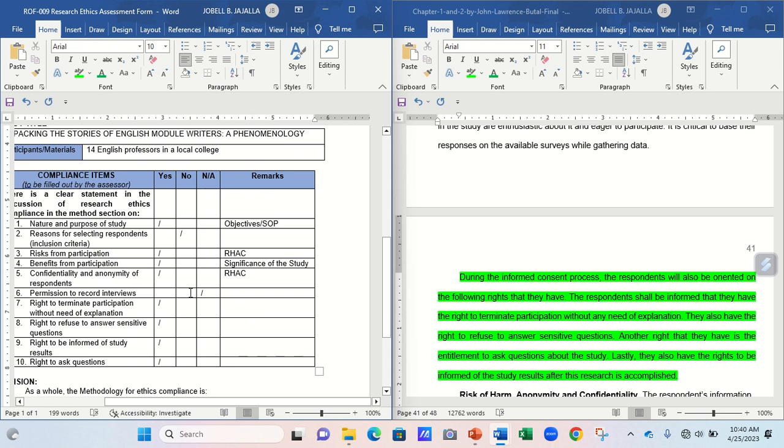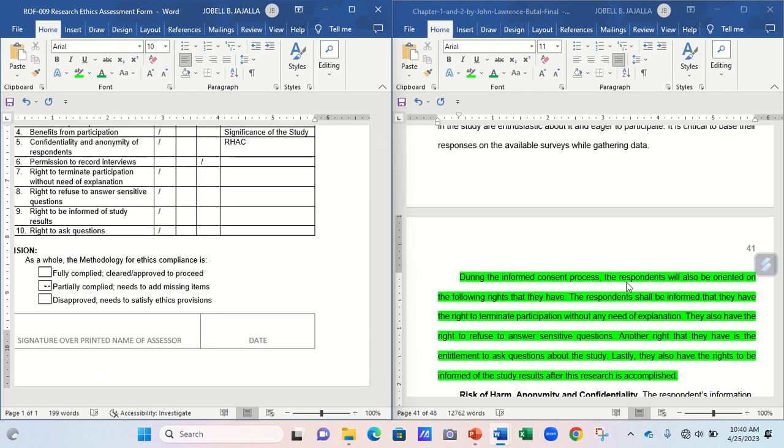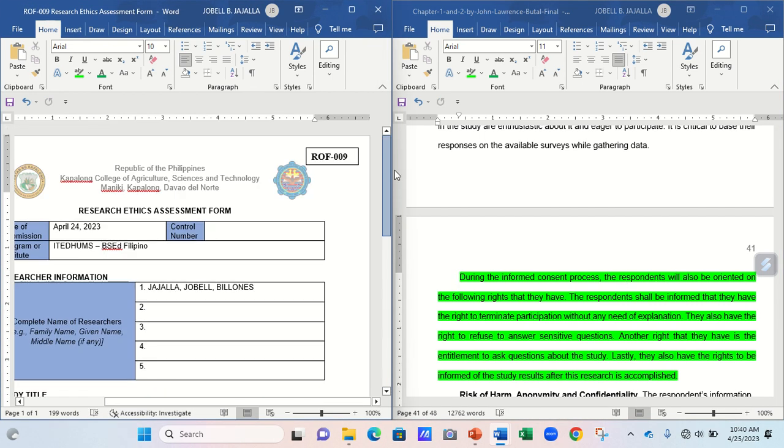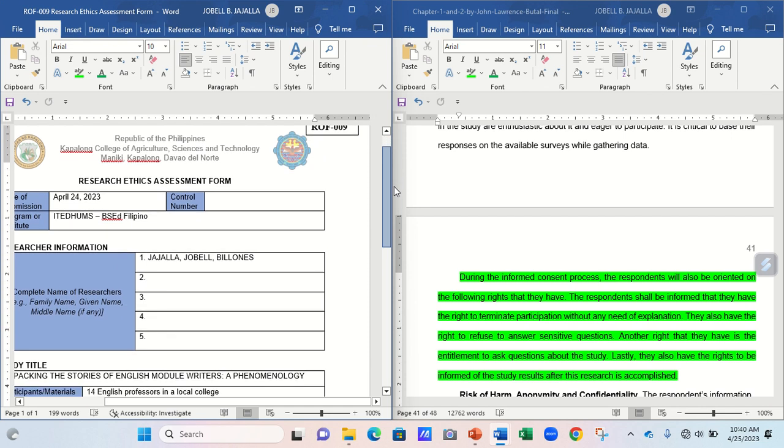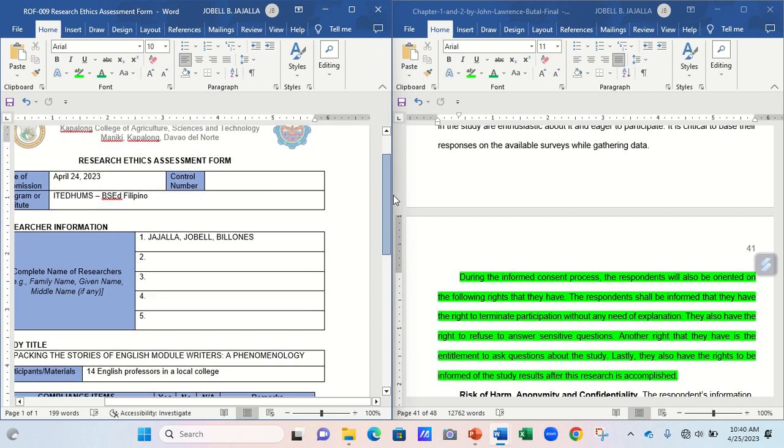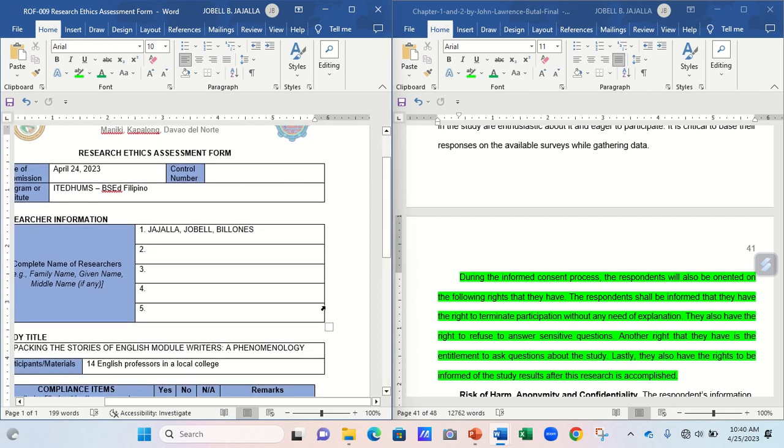Until such time na makompleto na ang 10 compliance items, this is the time na ma-okay na siya. So I guess this concludes the process for quantitative research. And please ko study ani no para nga dili na ta magbalik-balik sa ethical compliance.